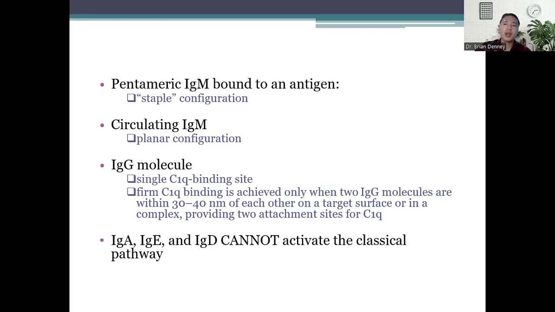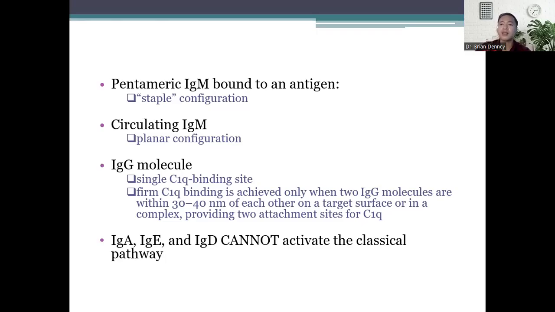Now, I want to point out here that your IgM actually has 2 configurations, the staple and the planar configuration. The staple configuration is the configuration of the IgM that it assumes when it is bound to an antigen. Whereas when it is just freely floating in the circulation, it assumes the planar configuration.